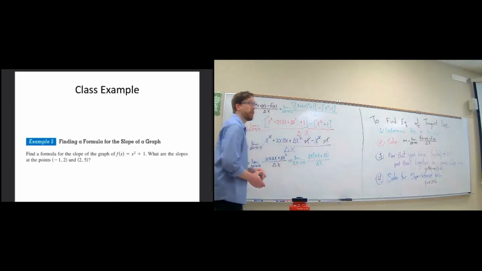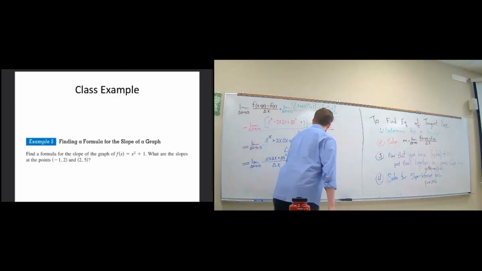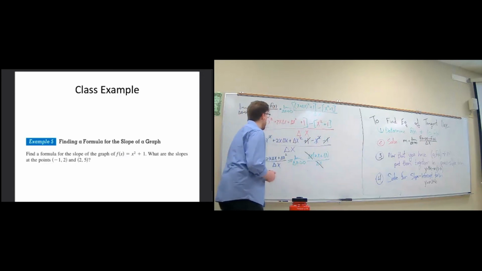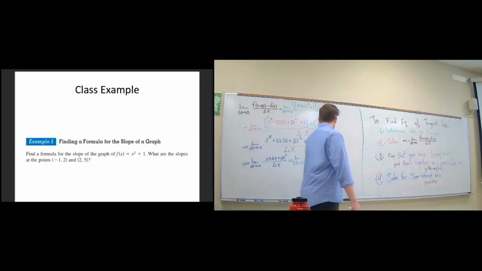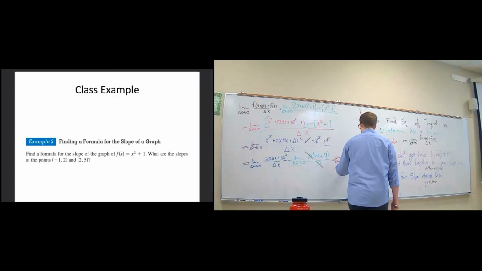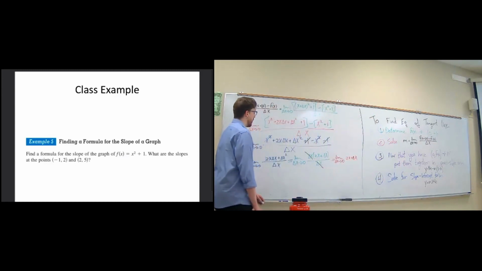Another cancellation just showed up, so let's take care of it. So what we're left with now is the limit as delta x goes to 0 of 2x plus delta x. Well, hey, that's just 2x.